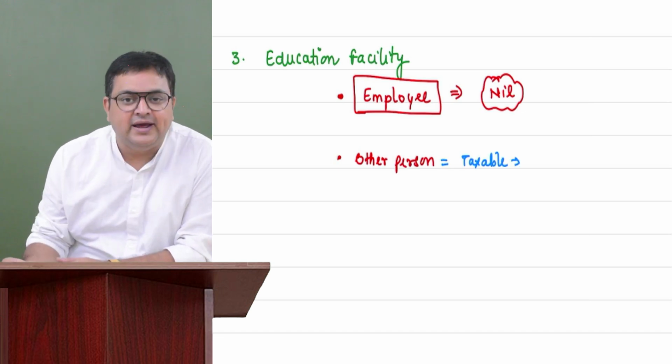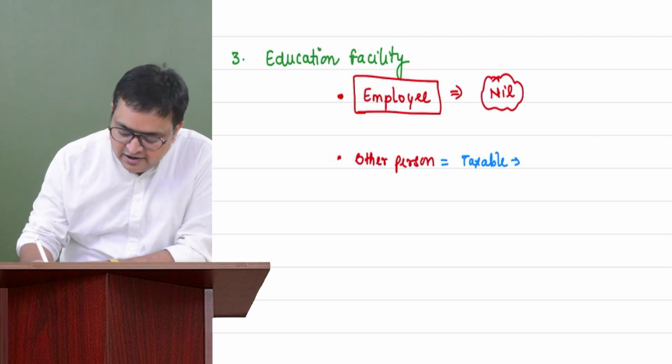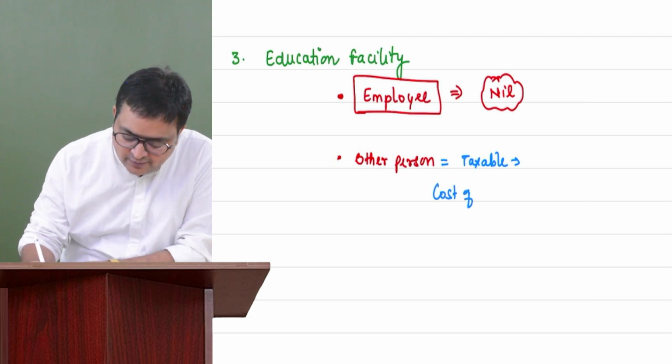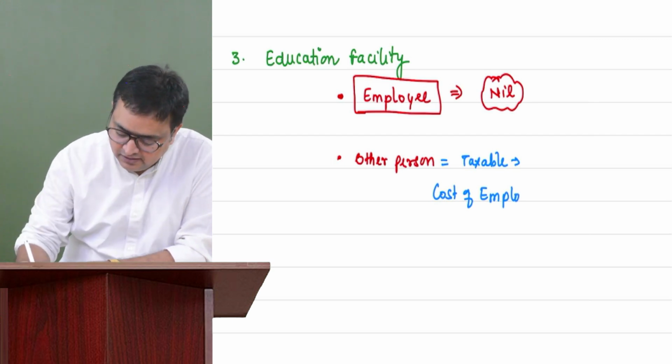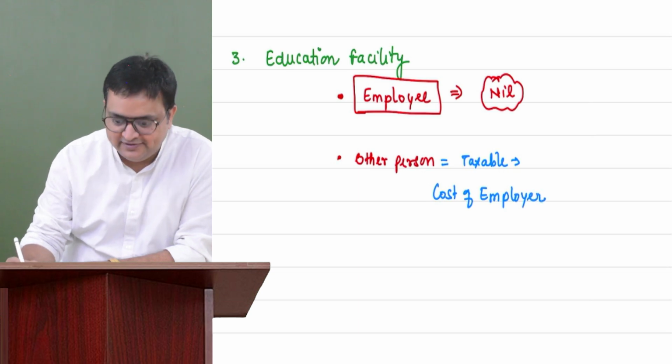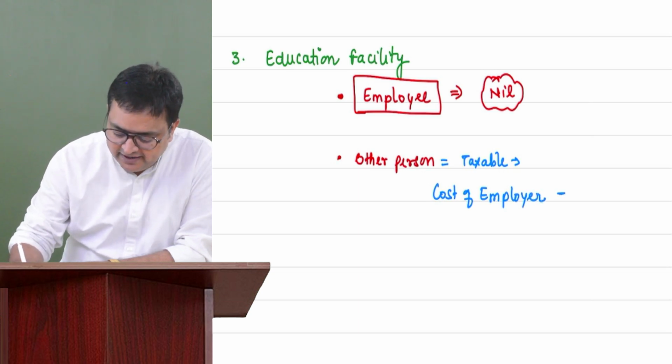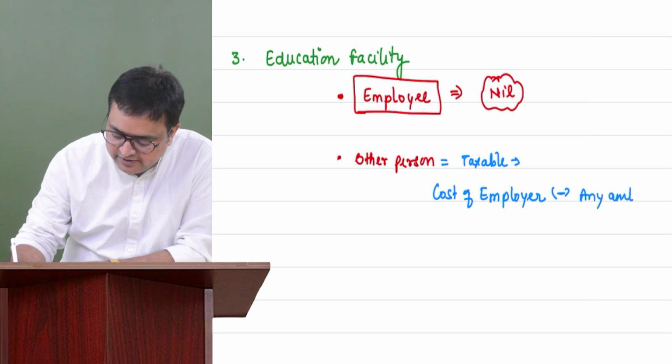So how will you calculate the net benefit? It's very easy. Whatever is the cost which the employer is incurring, let's say the employer is paying the fees to that school or college, so cost to the employer, minus any amount recovered from the employee, just deduct it.